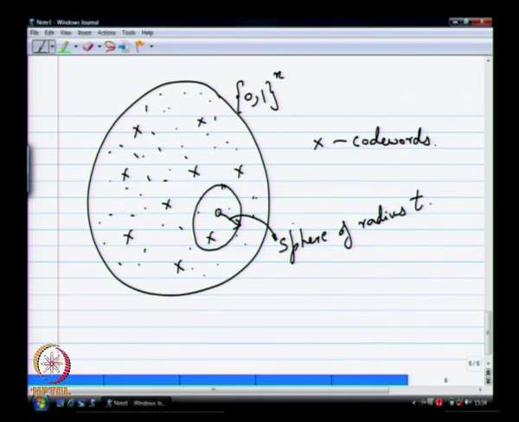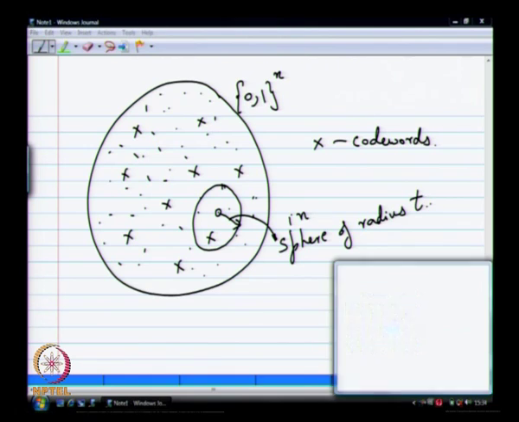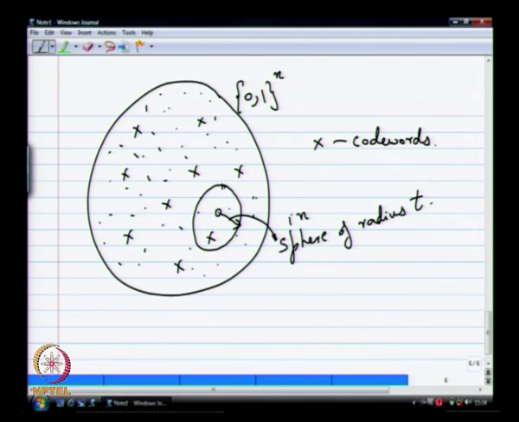If you do not find anything, what do you do? You give up. That's how you work with bounded distance decoding. If you do not find anything, you say I did not find anything, I failed. If you find more than one, then also you say you failed. There is some problem there. So in a sphere of radius t around the received word, look for code words.